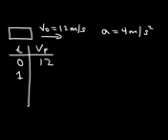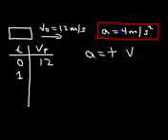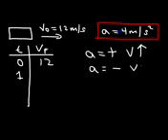Well, the acceleration tells us how fast the velocity is changing. Because the acceleration is positive 4, the velocity is increasing by 4 meters per second every second. Anytime acceleration is positive, the velocity is increasing. Anytime the acceleration is negative, the velocity is decreasing.